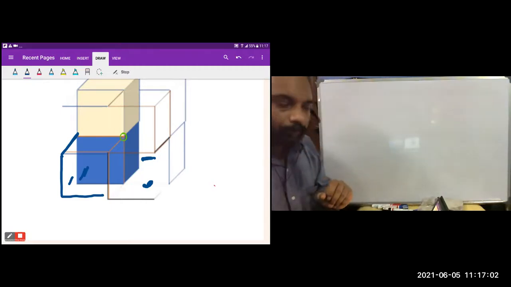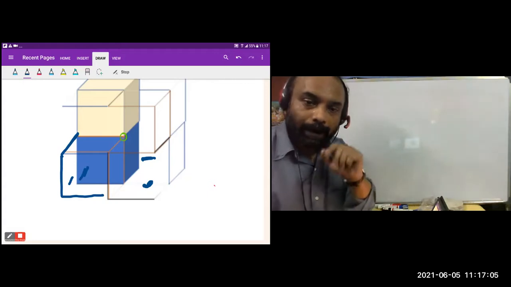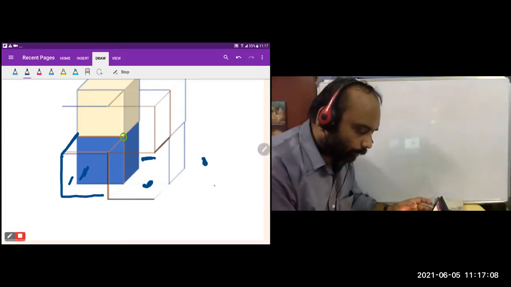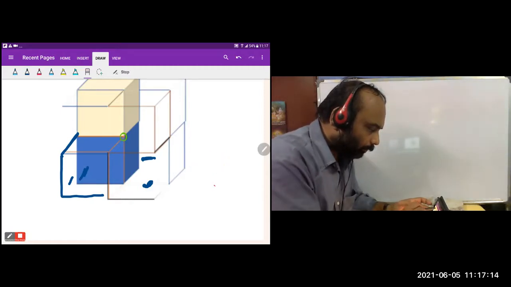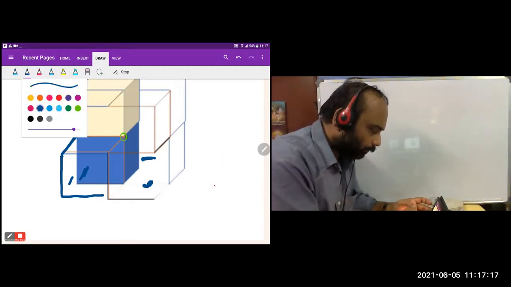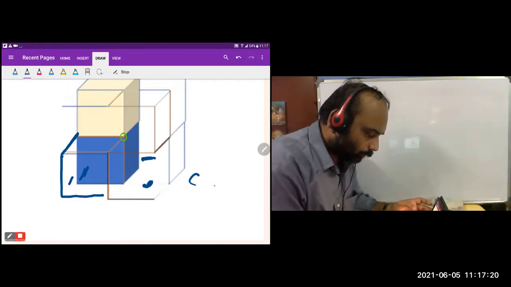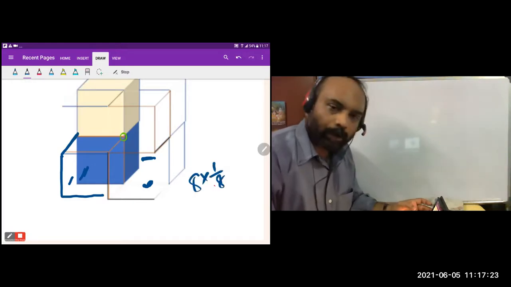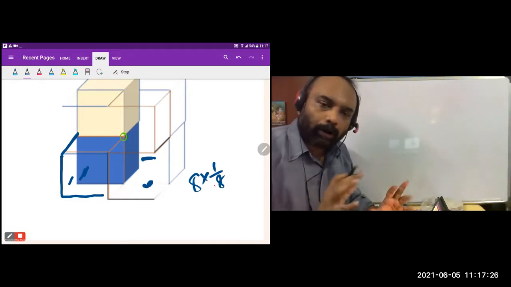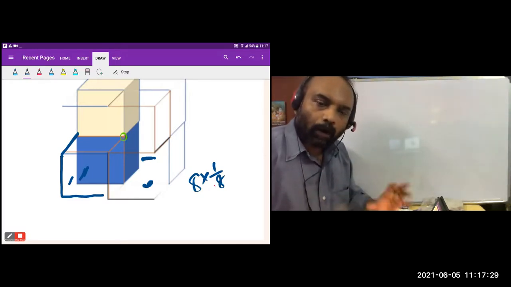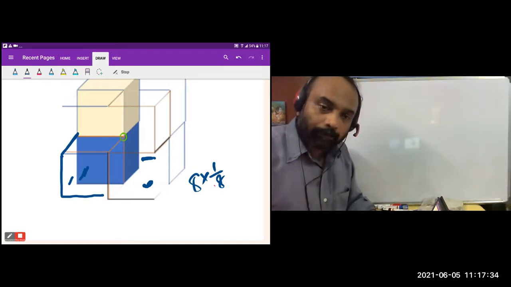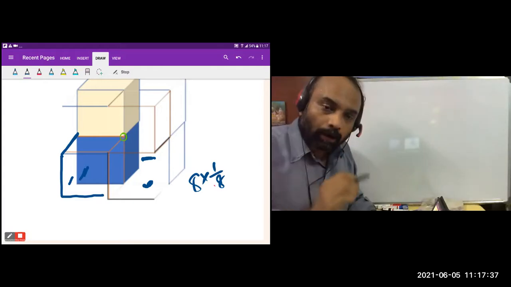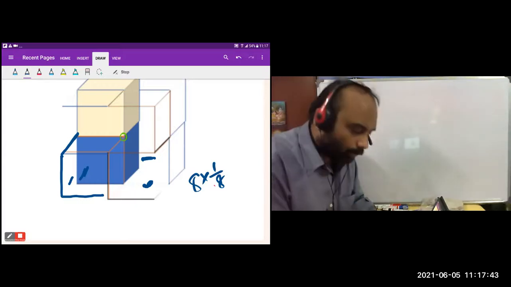How many corner atoms do I have? Total 8. So 8 into 1/8. This is coming from 8 corner atoms, so this is the contribution of 8 corner atoms per unit cell. In the case of BCC, I have also one at the center of the body that contributes entirely to that unit cell.